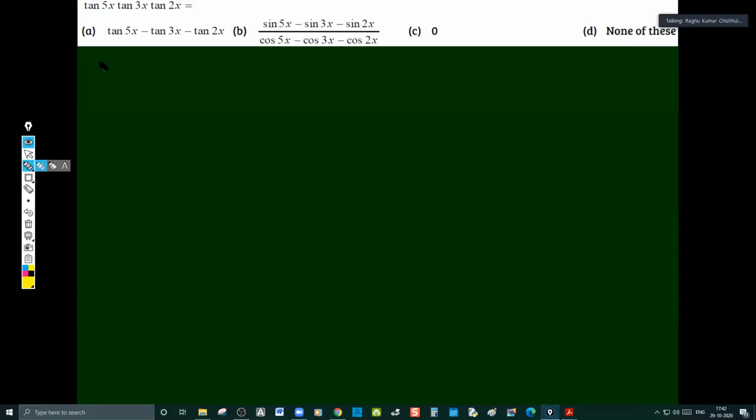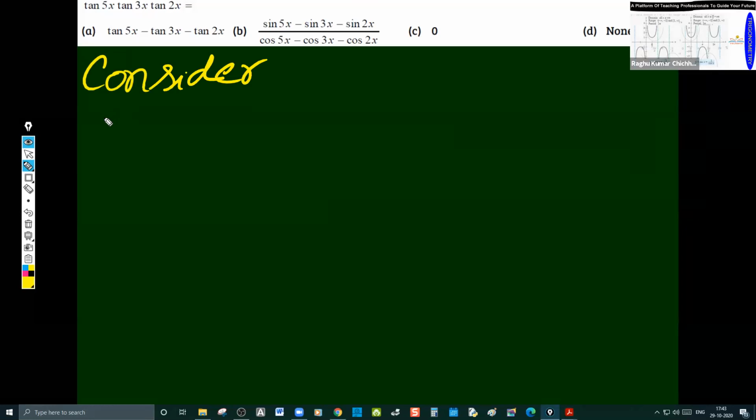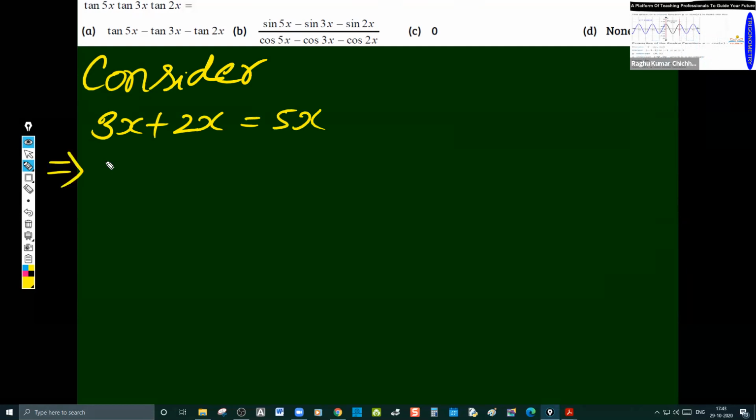Consider 3x plus 2x is equal to 5x. Apply tan on both sides. This type of problem, you have to start with a known relation. Tan of 3x plus 2x is equal to tan 5x.